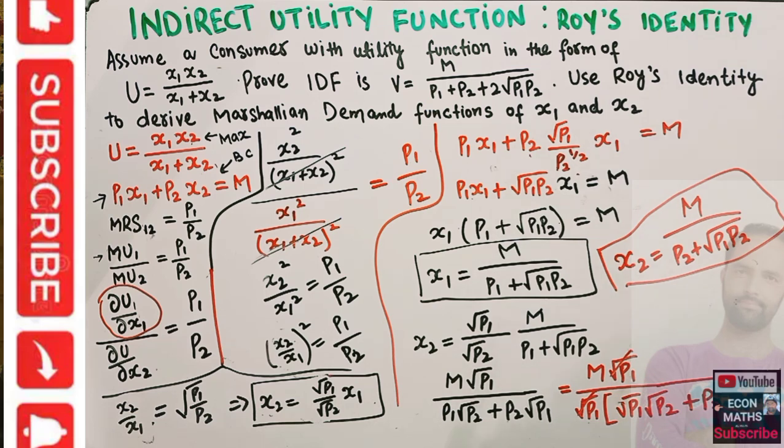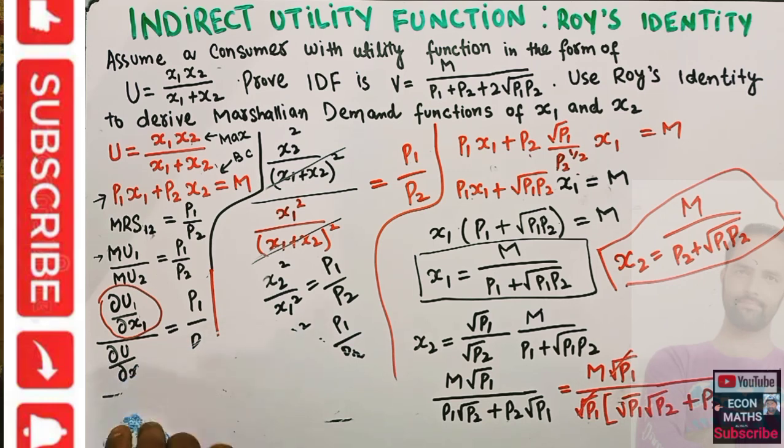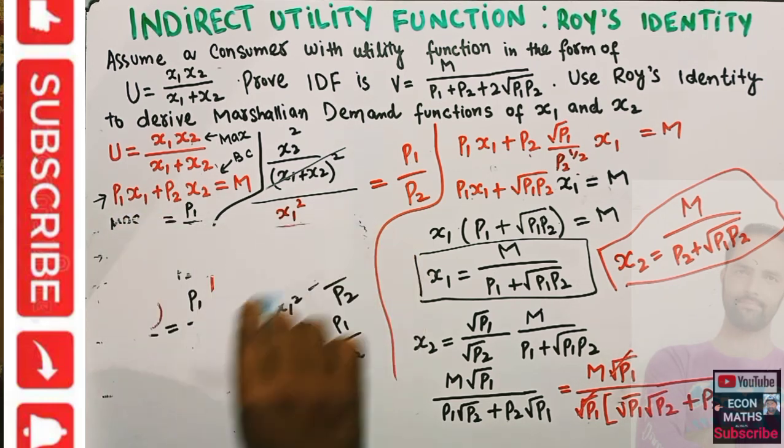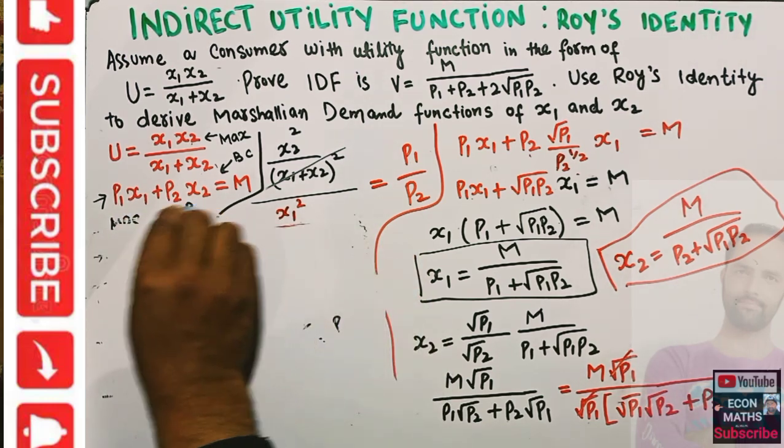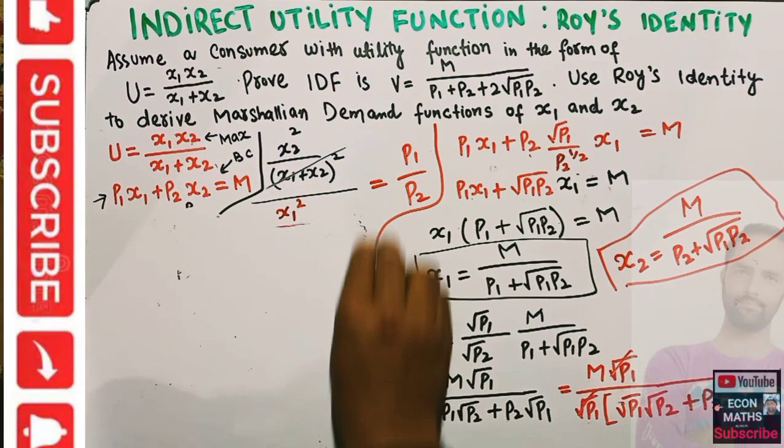Okay, now we need to find out the indirect utility function. By indirect utility function, what we mean, so let me rub this whole stuff here now. Okay, I don't have space, that's why I'm just trying to make the space here.